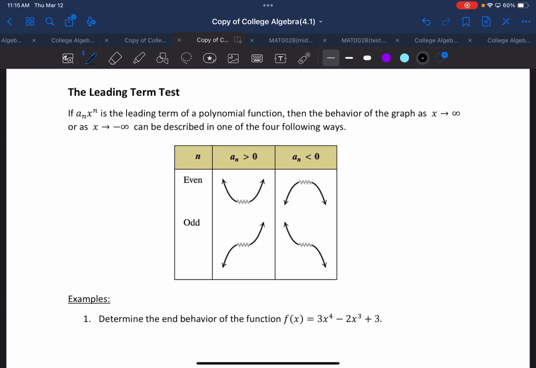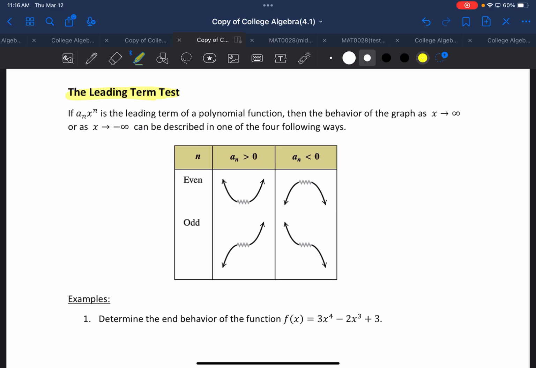So the first thing we are going to talk about, because we're going to be talking about how to graph polynomial functions, how to analyze their graph, just like we've been doing with all kinds of graphs so far. One thing that we can use to analyze the graph of a polynomial function to get some of its properties is this leading term test.